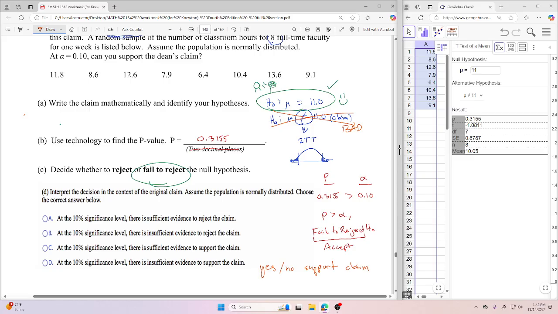And you're going to say it's no support for that claim. That claim is bad. He said it's not equal to this. That was wrong. So now let's translate that into A, B, C, or D. Which one would be the right way to finish that off?